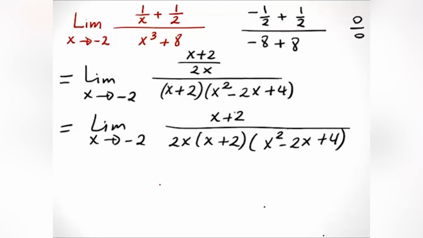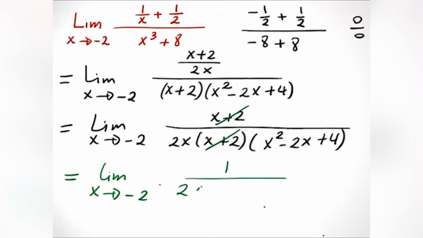See here, things are nicer. I can simplify x plus 2, and this gives me the limit as x goes to negative 2 of 1 divided by 2x times x squared minus 2x plus 4.